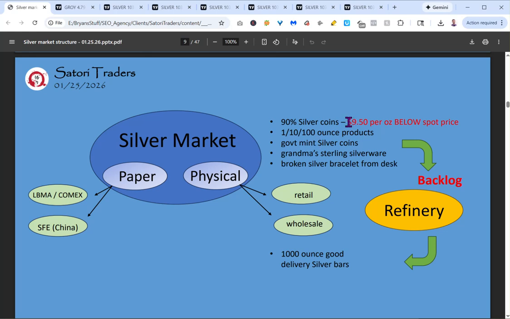You can currently buy 90% silver coinage for almost $10 below the spot price of silver, and it's because of this backlog. And one of the things that Franklin points out is that this premium or discount is going to go away.